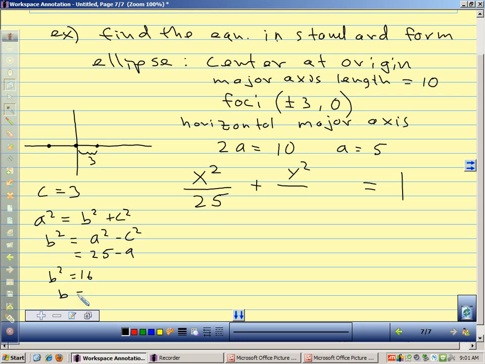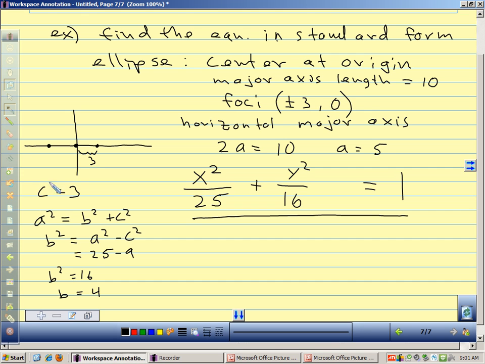So B equals 4. And B squared goes under the Y. So put 16 there, and there's my equation. Questions on how we did that one? So again, not difficult, just lots of details to keep track of.